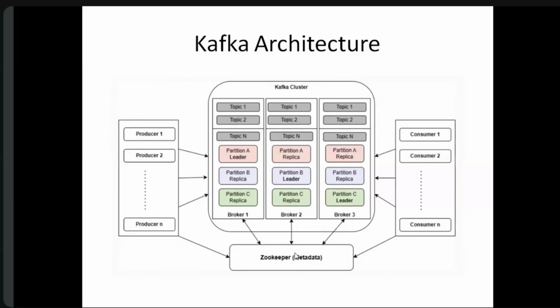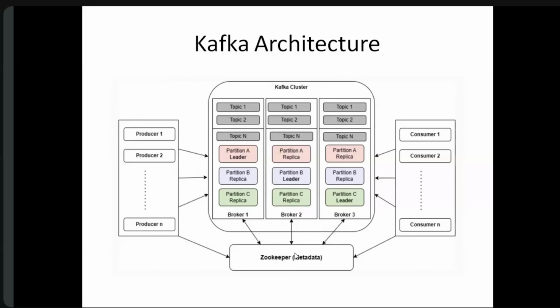Yesterday I told you that whenever you want to send any data to any topic, you have to find the leader for that particular topic, and the leader will always be part of a partition.